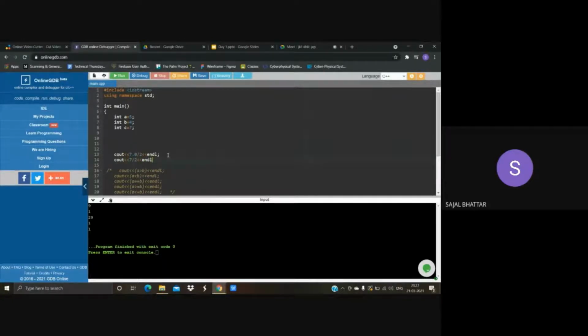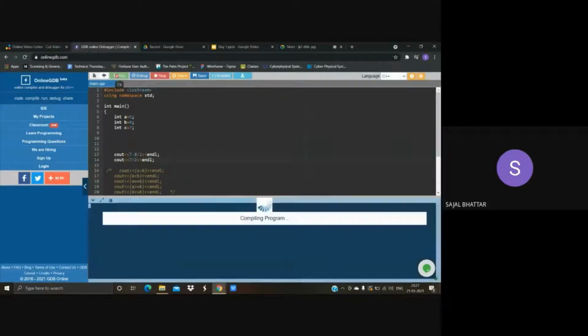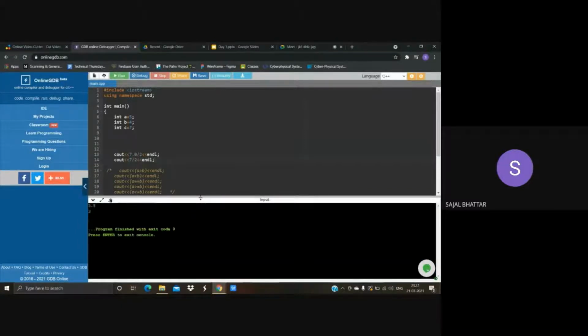Let's just see what the answer will be for both of these cases. Yes, so the first answer is a floating point number, and the second answer is an integer. So we can see that if either the numerator or denominator is a floating point number, the answer will also be a floating point number in case of the division operator.